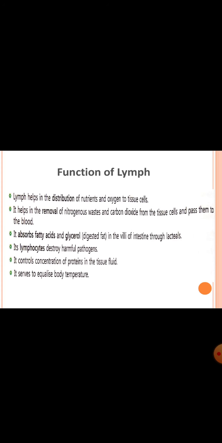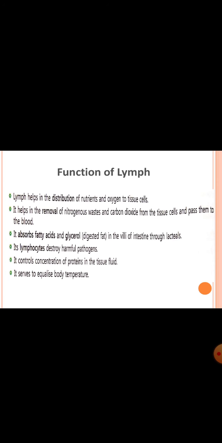Now, what's the significance of the lymphatic system in our body? As we know, the lymphatic system primarily serves for the return of tissue fluid to blood, and if there was no lymphatic return, blood volume would continue to reduce and tissue fluid would increase because of leakage at the capillary level.